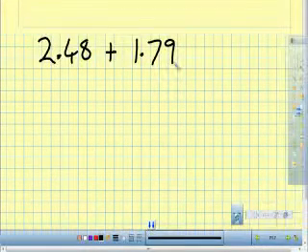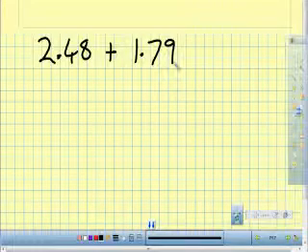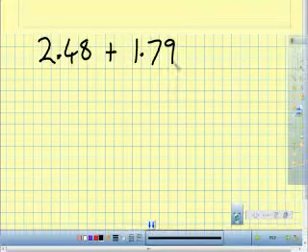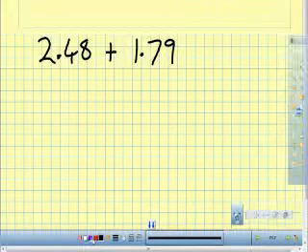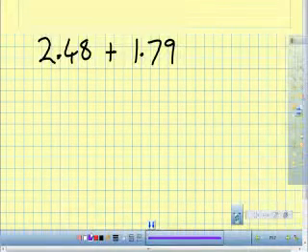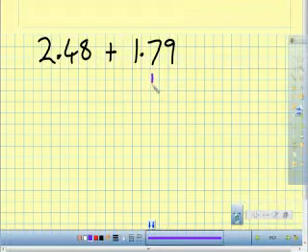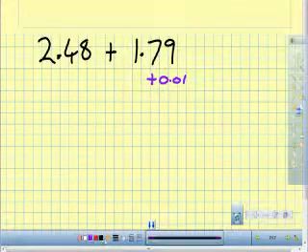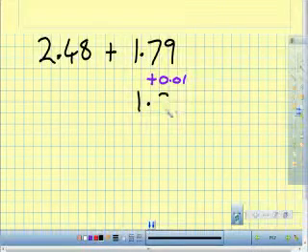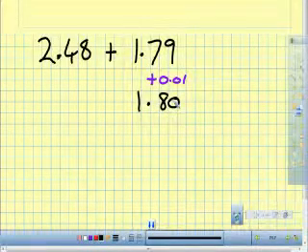Neither number is particularly nice or easy to do, so we start thinking about compensating. So again, if I want to round and compensate this number, well, I could add 0.01, and that's going to give me a new number of 1.80.